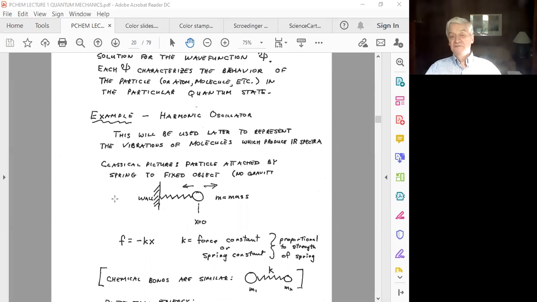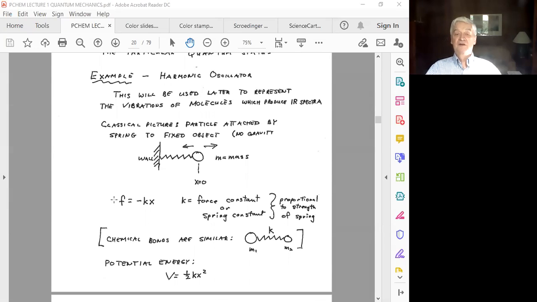Now later on, we're going to talk quite a bit about the harmonic oscillator. But let me just show you what some of these solutions are, so you can appreciate what they might mean. You probably learned about this in physics. We have a particle hooked by a spring to an infinite mass. So think of this as a brick wall weighing 10 tons.